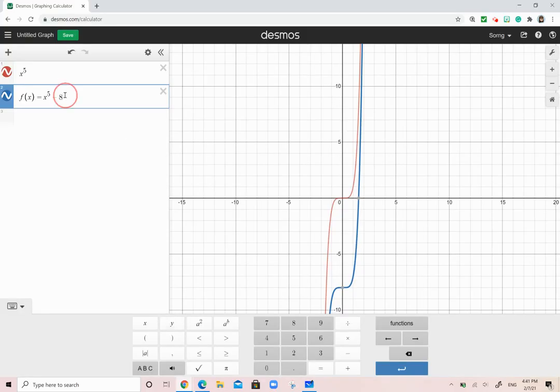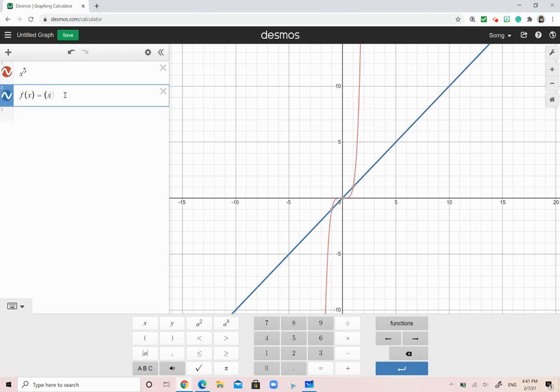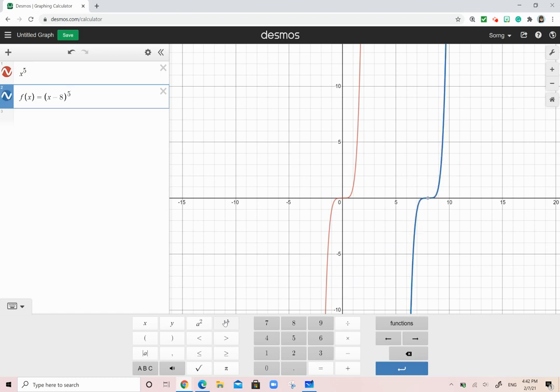So the original is the same, but this time the equation becomes open parenthesis x minus 8, and then close parenthesis, and then press the caret button, 5. Okay, see? The parentheses makes it move to the right. All right, so it moves to the right.